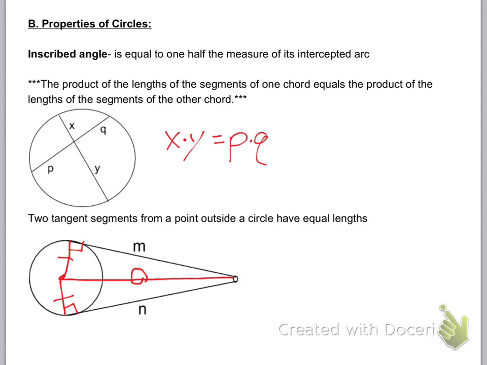So according to which congruency postulate are those 2 triangles congruent? I'll tell you this, it's not side, side, side. Side, side, angle, no. Side, angle, side? I don't have a side, angle, side.